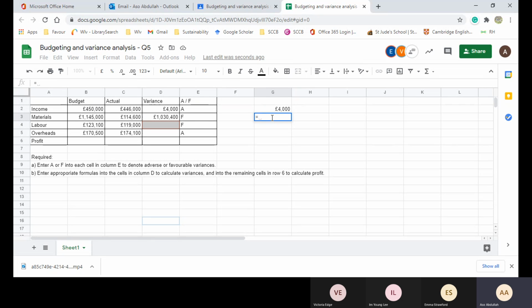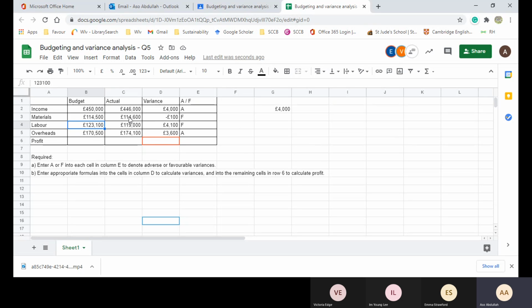And for the second one, for the material, we say equal. This time, which one is greater? I think this figure is 114,500 and 114,600.